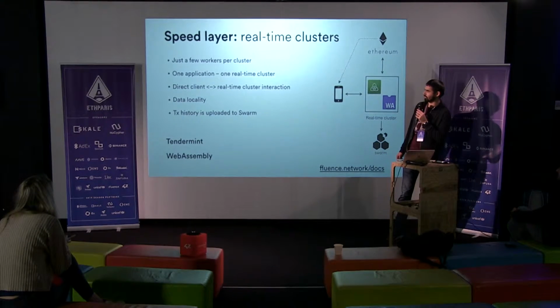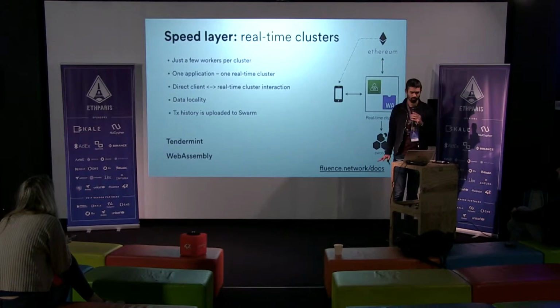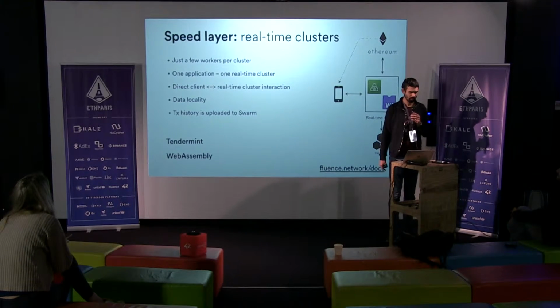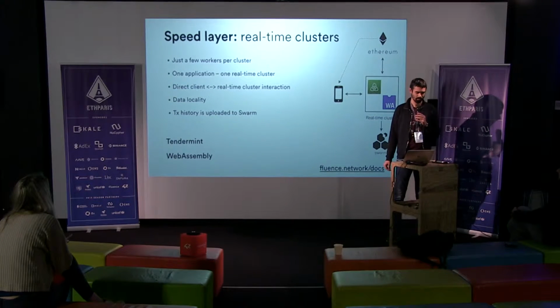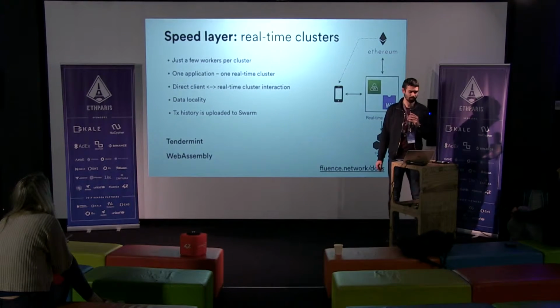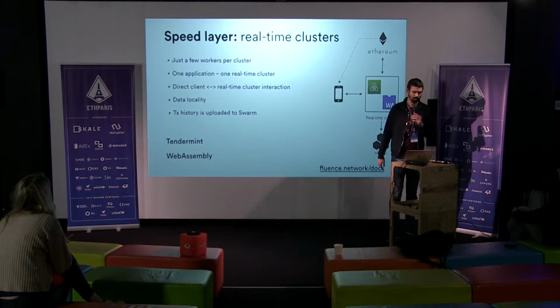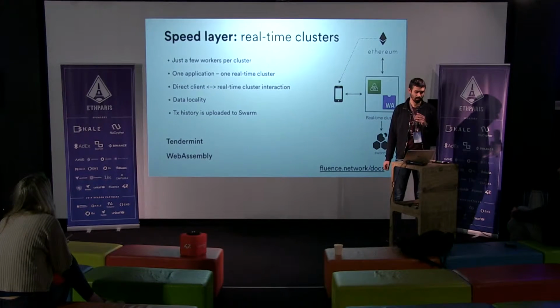We have just a few workers per cluster. It's key to have a cluster of 4 workers or even of 1. Each cluster is dedicated to handling just one application. So one application, one cluster, and the client interacts with the cluster directly.